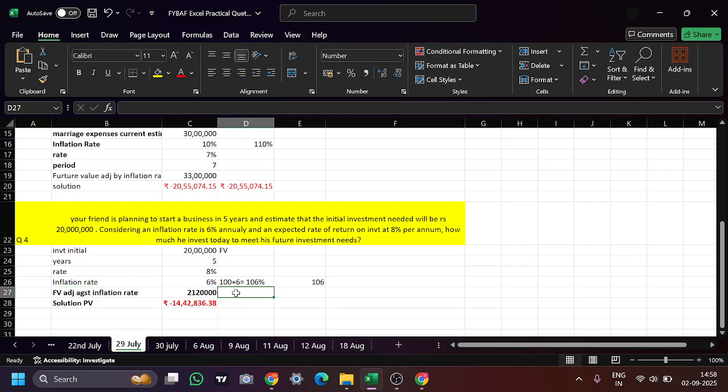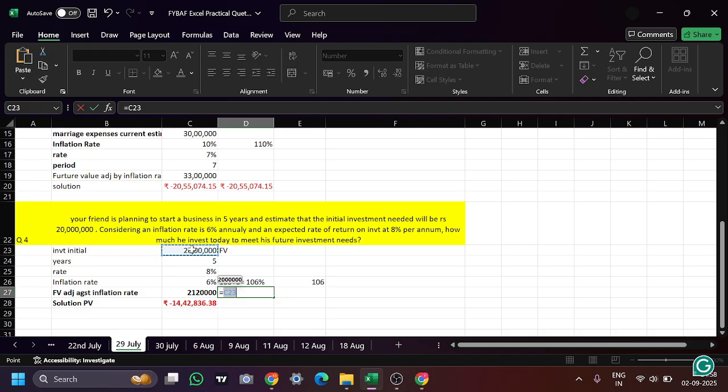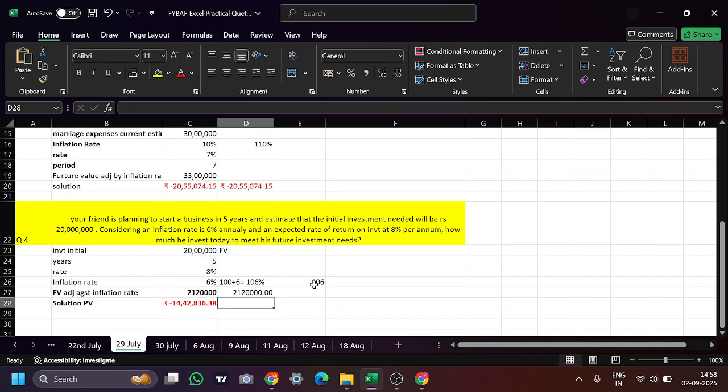We have the initial investment value, multiplied by the inflation rate 106 divided by 100. This is how we have got the value 21 lakhs 20,000. Let's reduce the decimals. We have got the value as 21 lakhs 20,000 as the future value adjusted against the inflation.